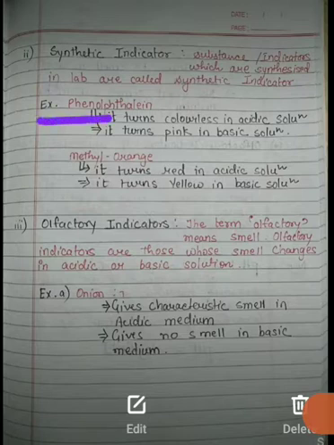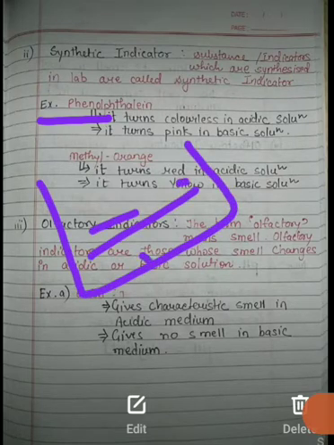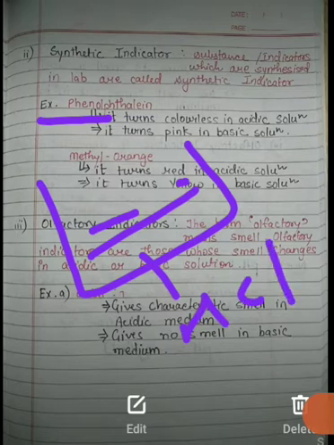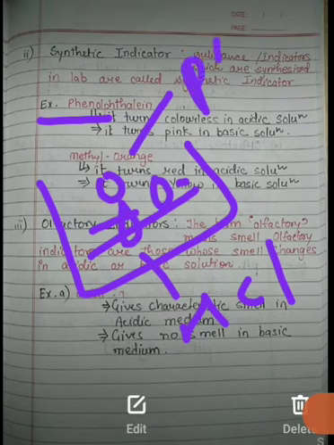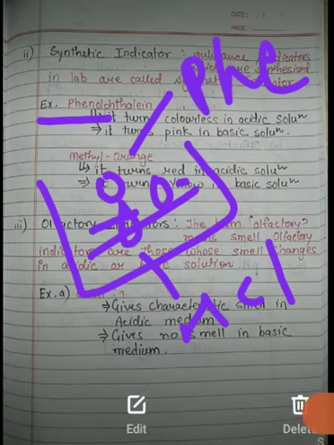First one is phenolphthalein. What does phenolphthalein do? It turns colorless in acidic solution, okay? Suppose you are taking an acidic solution, here it is HCl, and you have added 2 to 3 drops of phenolphthalein in it, okay? Then what happens? It turns colorless in acidic solution.